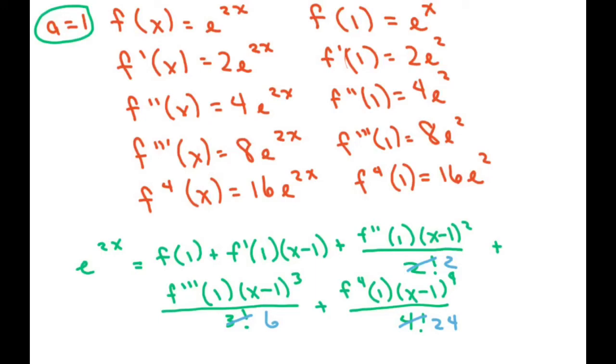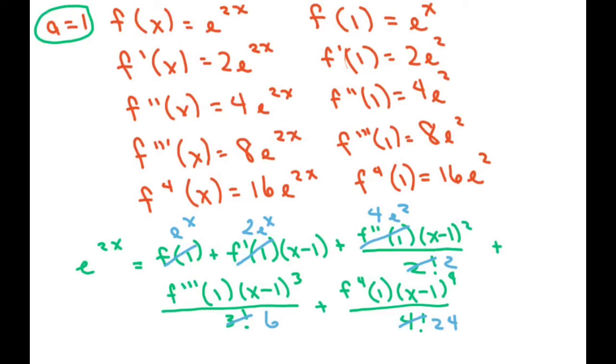So this would just be, I'm going to clean it up on the next one. f of 1 is e to the x. The derivative at 1 is 2e to the x. And then when we get to this one, we have 4e squared. This should be just e squared. What am I doing?